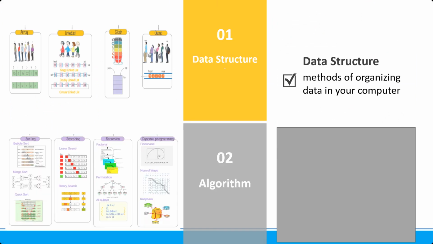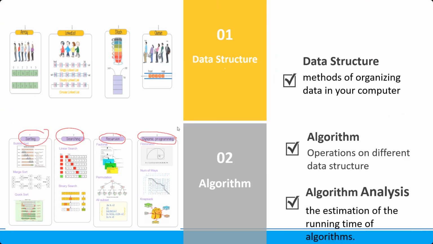What about algorithm? The algorithm depends on your data structure. You can do, for example, sorting. You can do, for example, searching. You can do recursion, and you can do dynamic programming, and etc. So algorithm means that it is the operation on different data structure.